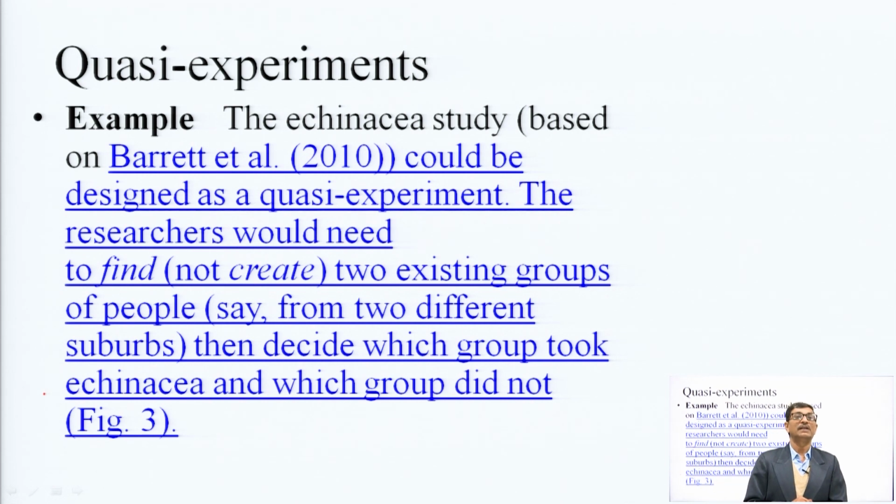Let us take an example: the AKtU study by Barrett et al. 2000 could be designed as a quasi experiment. The researcher would need to find, not create, two existing groups of people, say from two different suburbs, then decide which group took AKtU and which group did not.